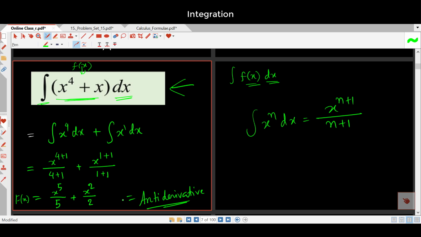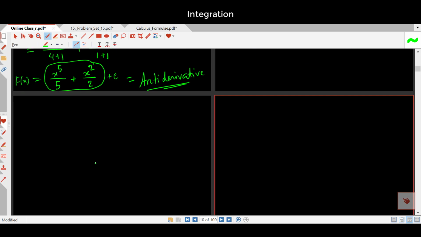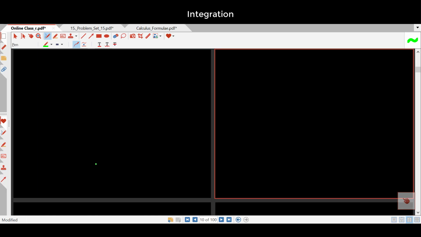Since this is an indefinite integral, with no lower bound and upper bound, if you want, you can write a constant plus c with the final result, but for now you can skip it. So that is a very preliminary problem.